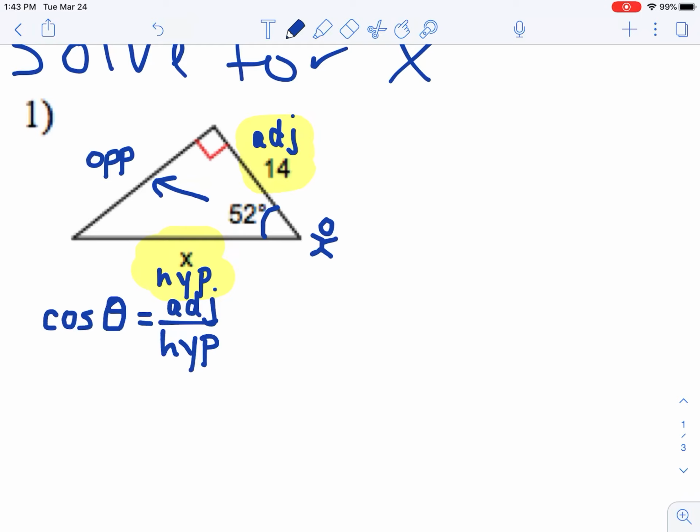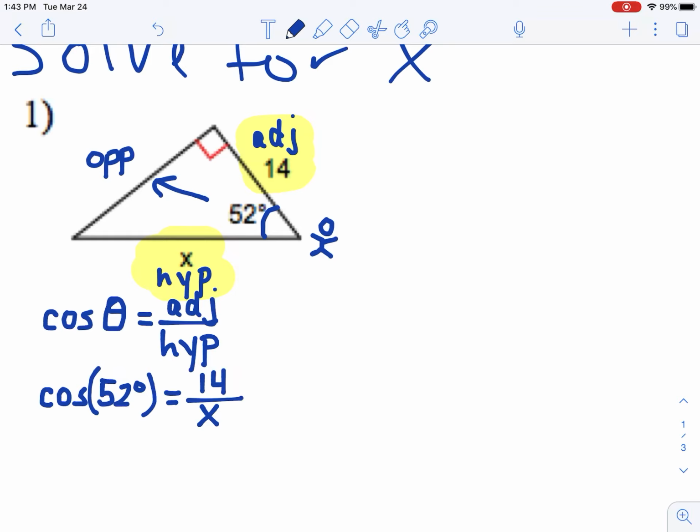So what I want you to do is fill in what you know. I know that the angle is 52 degrees. I know that the adjacent side is 14, and I want the hypotenuse. Okay?